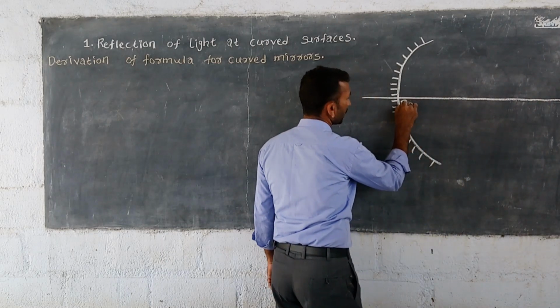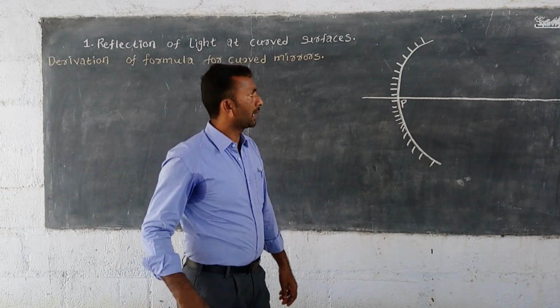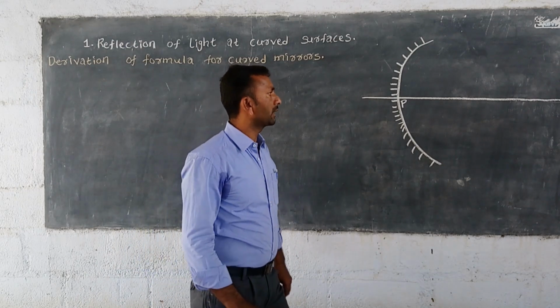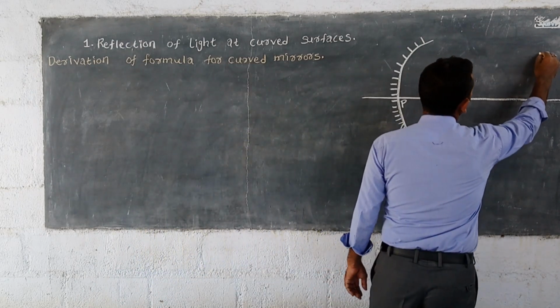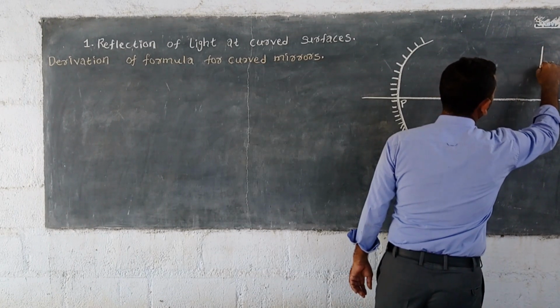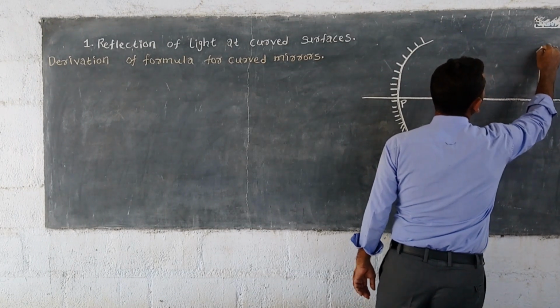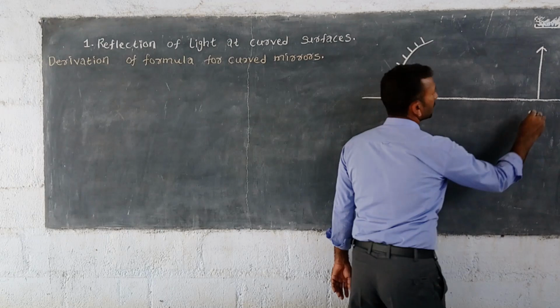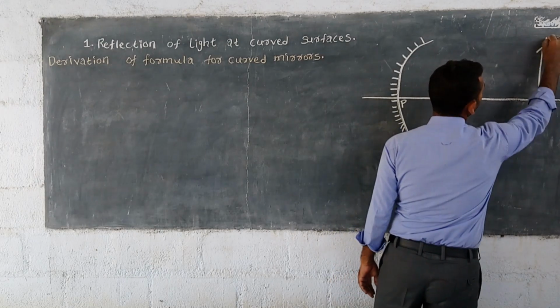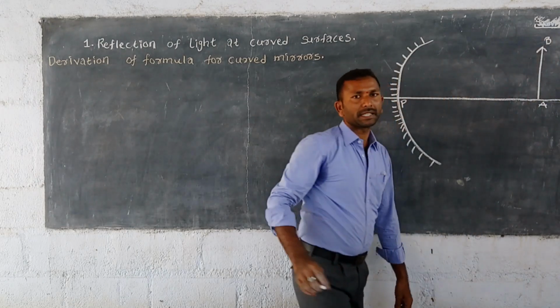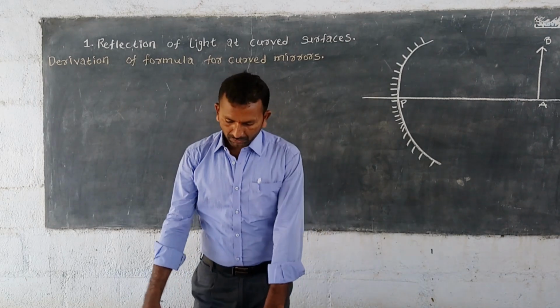This is the pole of the mirror, and keep an object in front of the concave mirror. The object is indicated by the letters A and B. Look at the book.